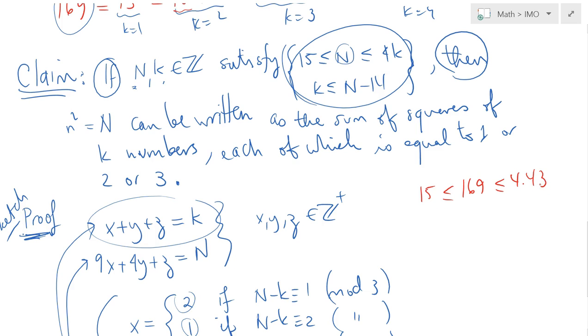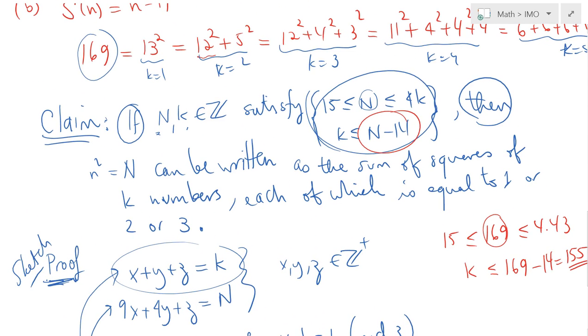Yeah, 43. So therefore, if this claim and its proof is true, which you will confirm later on, this will work for any k less than or equal to n minus 14, which is 155. And by the way, this n minus 14 is our guy, right? So it is our thing.